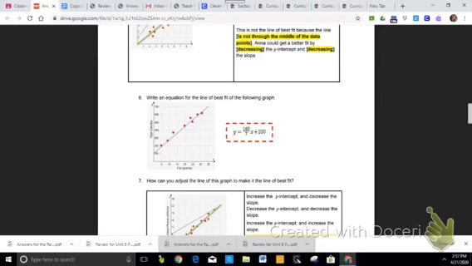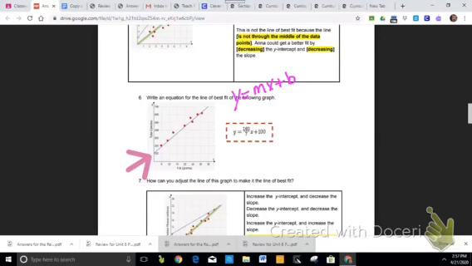Okay, number 6. Write an equation for the line of best fit of the following graph. Before we write an equation of the line of best fit, we need to look at the line of best fit and decide where that line starts. What part of our equation, y equals mx plus b, is always our starting point?